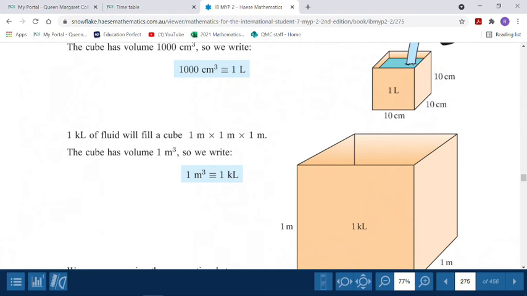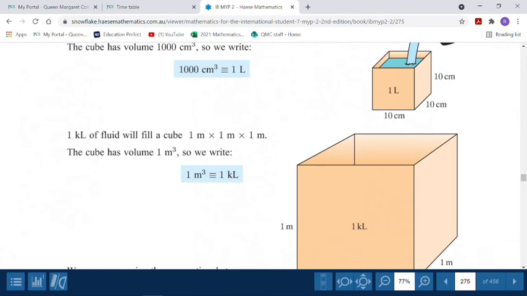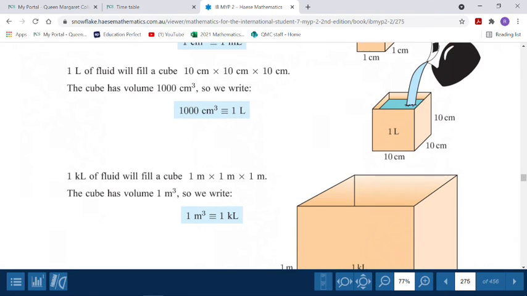And again, memorize it if you want to, but again, if you have this, you can get to this, but if you already have it in meters, so if you didn't have it in meters, because this one was centimeters, so it's a little easier. If you didn't have it in meters, you'd have to convert it to centimeters cubed, then convert it to liters, then convert it to kiloliters.